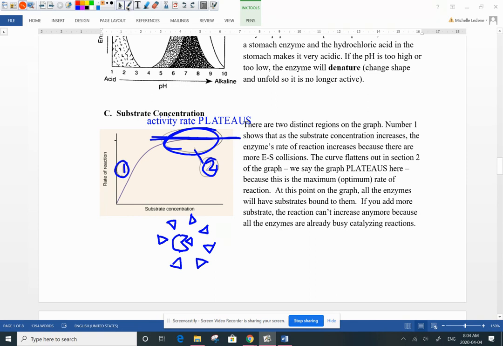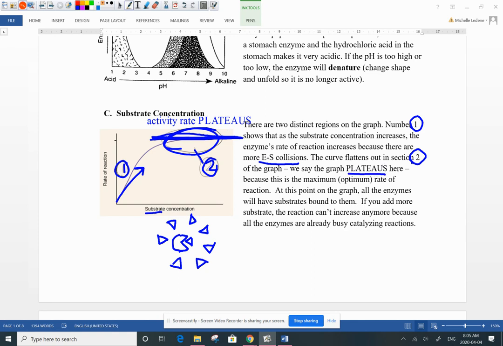Okay, so next up is substrate concentration. As we increase the amount of substrate, we see two parts on the graph. Number one is as the substrate, what the enzyme is working on, goes up in concentration, the rate of reaction, the activity of the enzyme, goes up. Again, why? More enzyme-substrate collisions. But then in the second part of the graph, section 2, the graph flattens out. It plateaus.